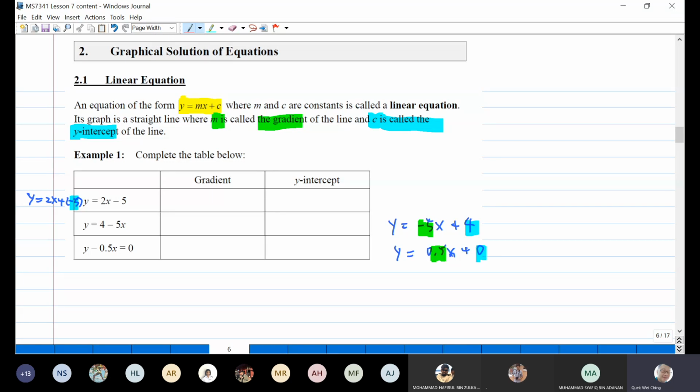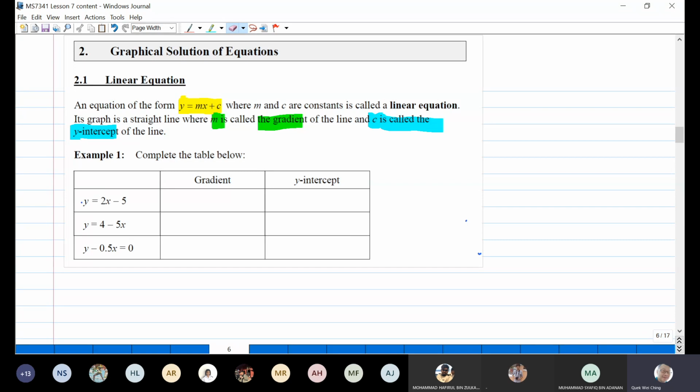This equation here, the shape of this is a straight line. So we're going to fill in the blank here, and then let's see how this turns out. We try to identify the gradient and the Y-intercept.